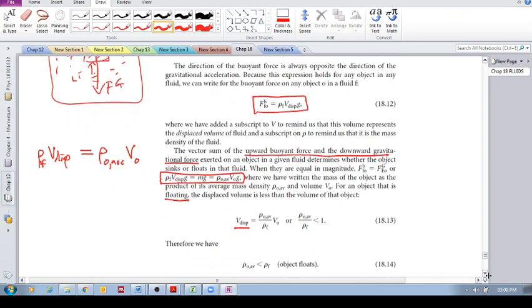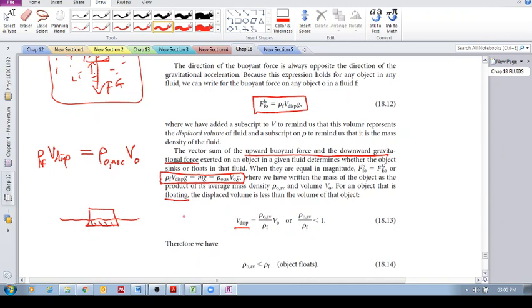Now look at this. When would this object float? Well, if the object floats and is not fully submerged, but there's a portion that's submerged and the rest is above the water, then the displaced volume is going to be less than the volume of the object.